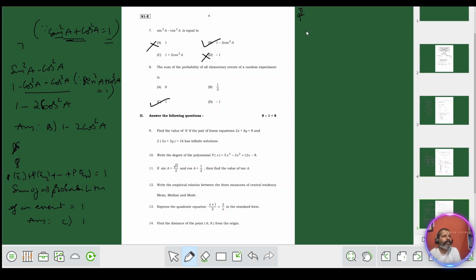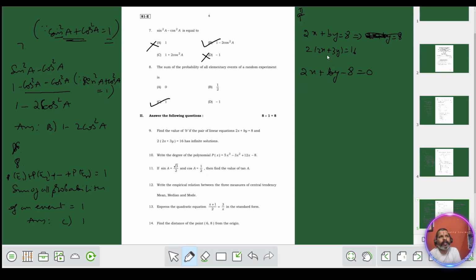First write the given equations in standard form. 2x plus by equal to 8 is given, so 2x plus by minus 8 equal to 0. Next equation, 2x plus 3y is equal to 16 is given. Just open the bracket.